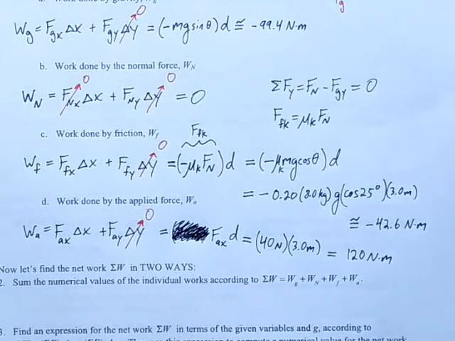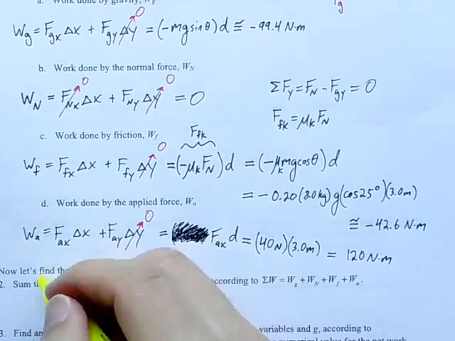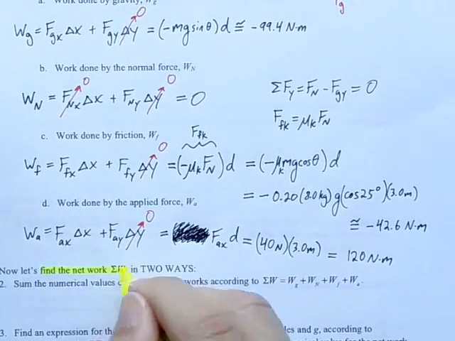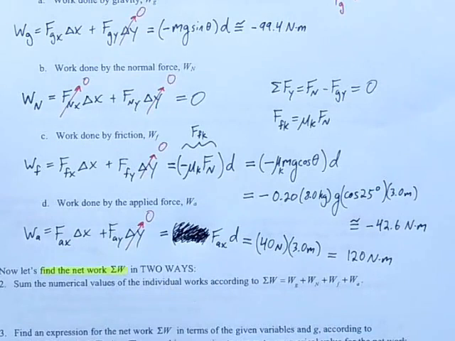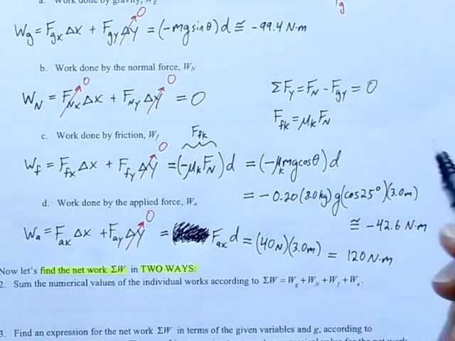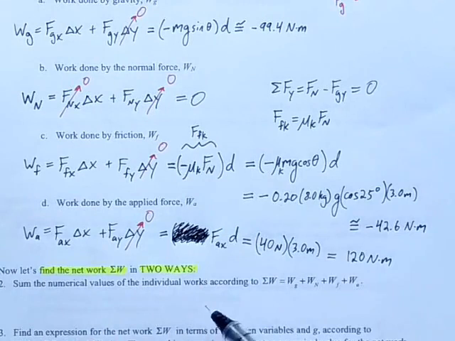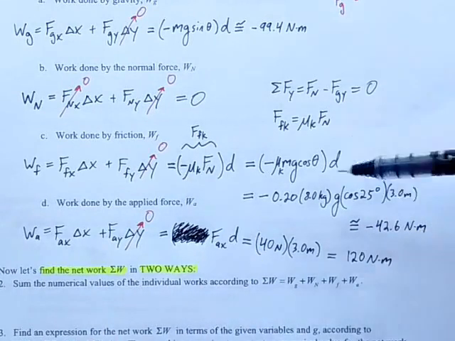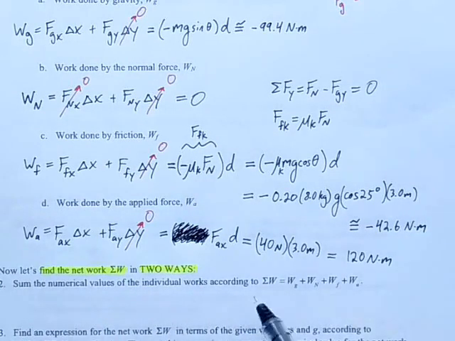Okay, so we've got numerical values for each of the works done by each of the forces that were being applied. Now, let's find the net work done by all the forces on the box in two different ways. First thing we can do, and the thing that makes the most sense given the effort we've already gone through here, would be to calculate the net work by just summing up the numerical values of the works done by each of those forces.